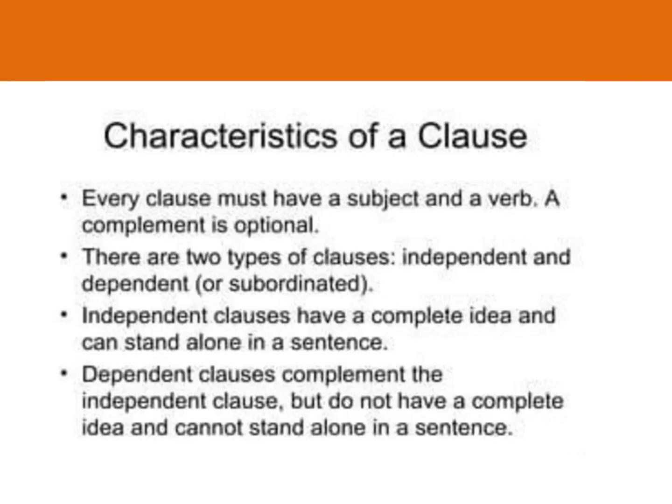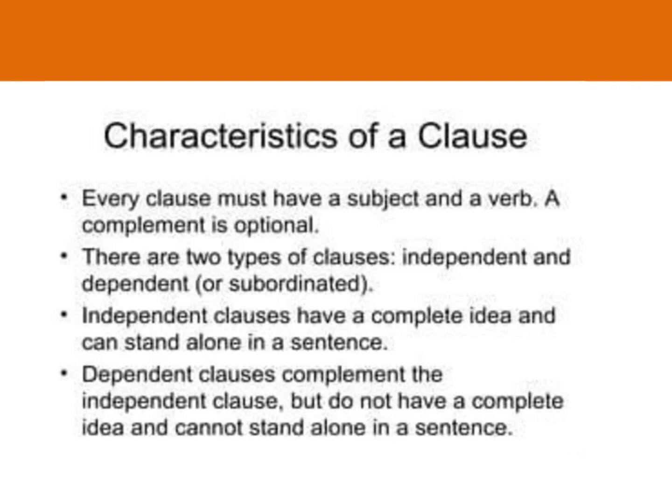Let's now continue discussing the characteristics of a clause. Every clause must have a subject and a verb. A complement here is optional. There are two types of clauses. The first one, independent. The second one, dependent.